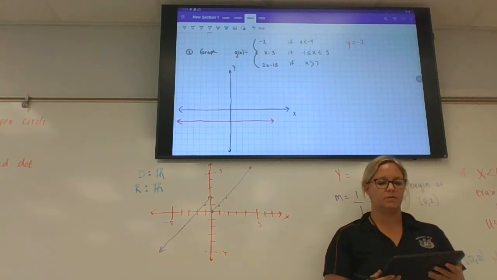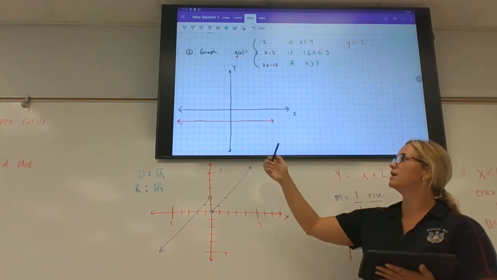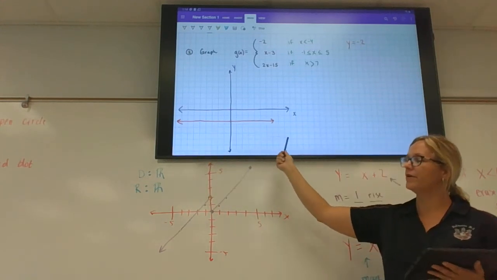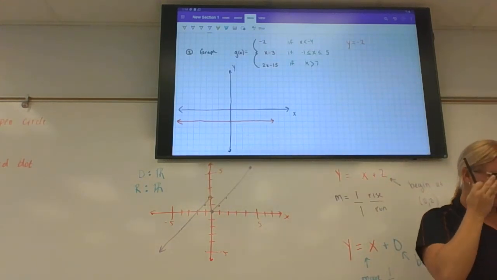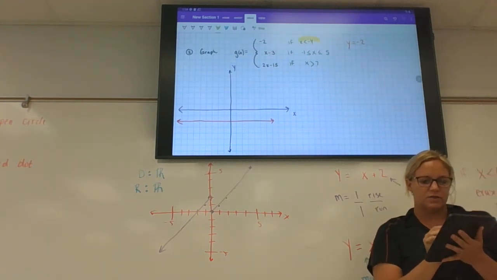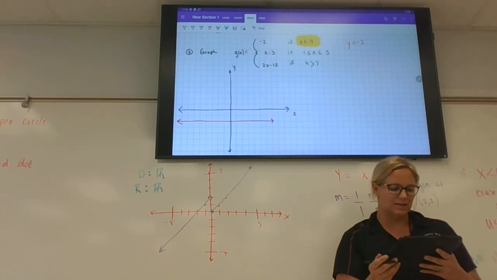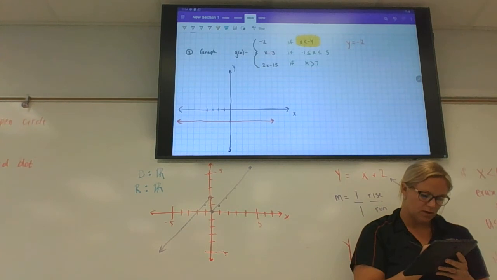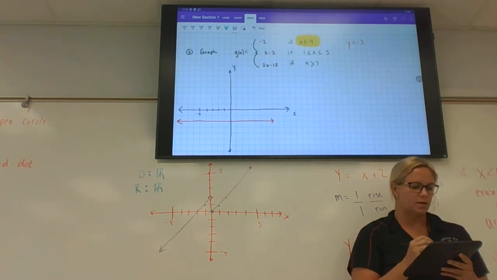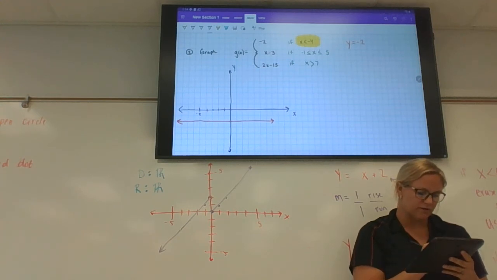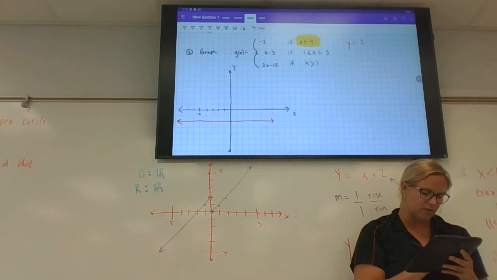I just want to remind you what y equals -2 looks like. It's a 0 slope line, horizontal, at -2. So this reads, y is only -2 when x is less than -4. So I'm going to find the x-axis where x is -4.